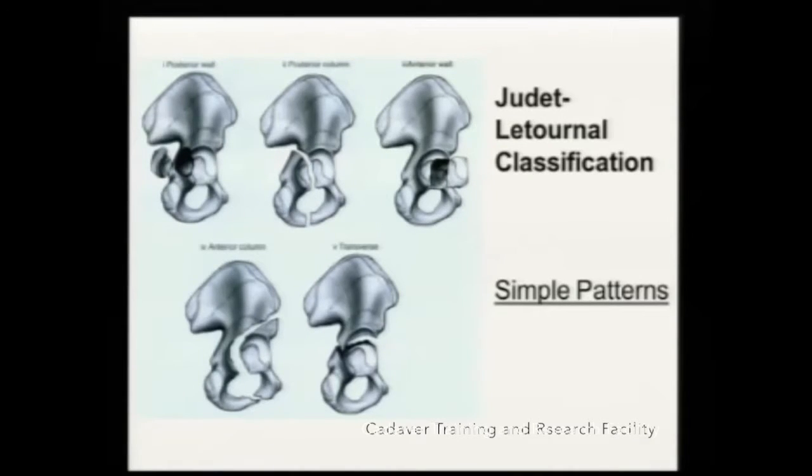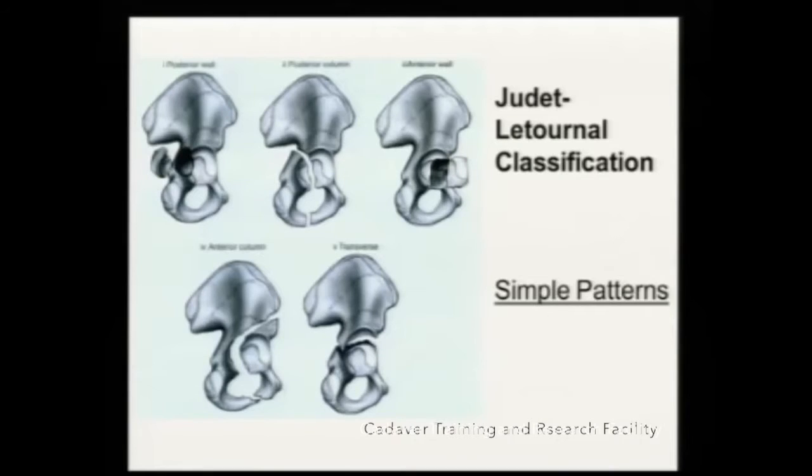So these are 5 simple patterns. You don't need to rattle all these. It's really simple. A posterior wall fracture and a posterior column fracture. The difference is that the obturator ring remains intact in the wall fracture, and it gets broken in a column fracture.